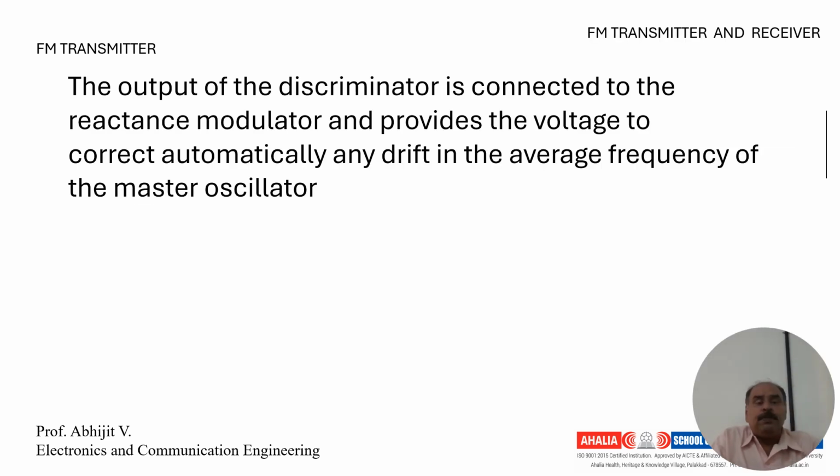The output of the discriminator is connected to the reactance modulator and provides the voltage to correct automatically any drift in the average frequency of the master oscillator.